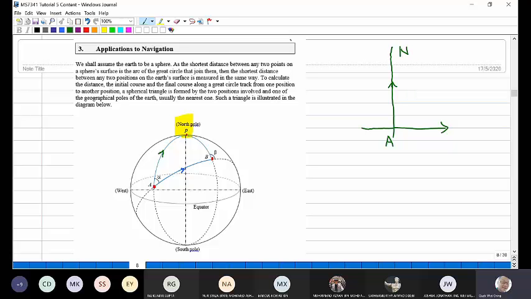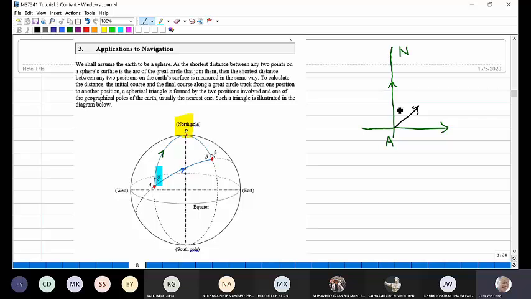The angle alpha shows the direction the ship is heading to. We call it the initial course. So this angle alpha is actually this angle, the direction the ship is trying to move.